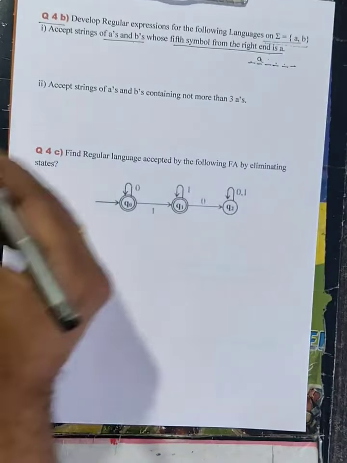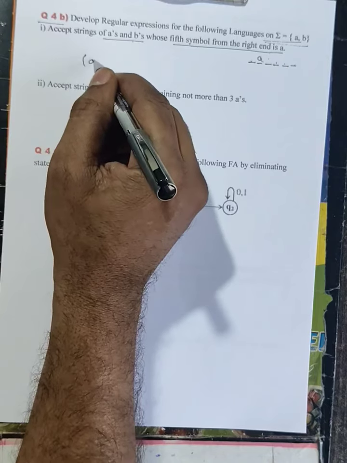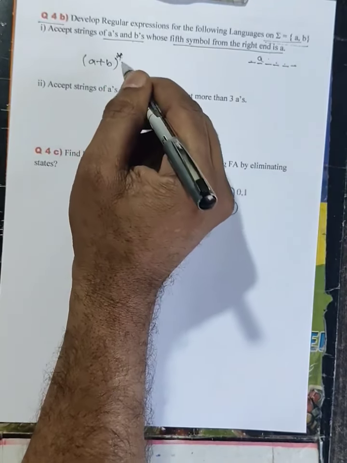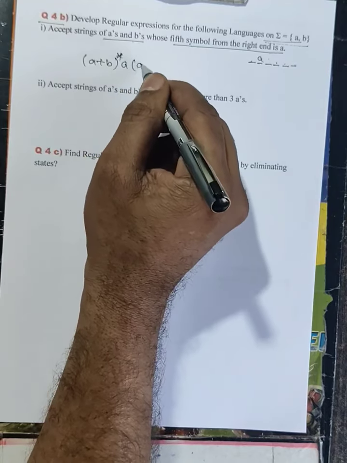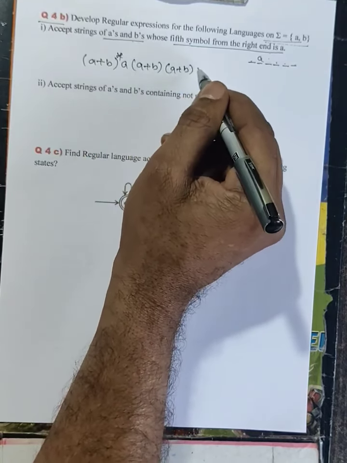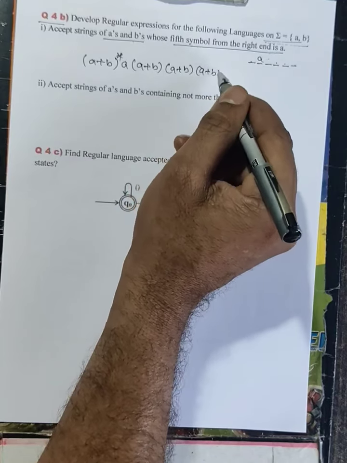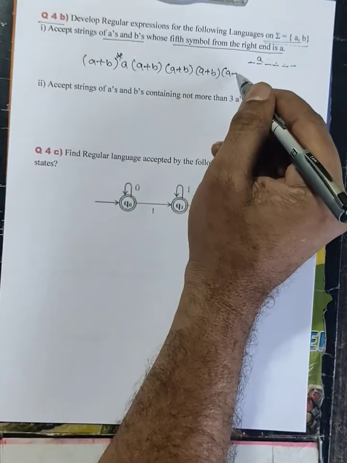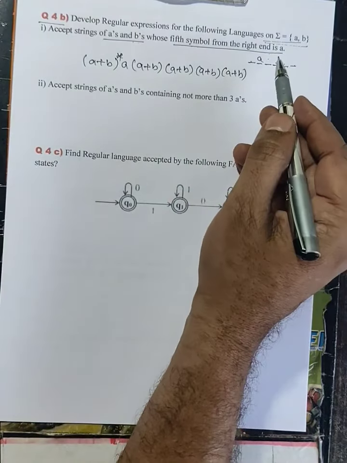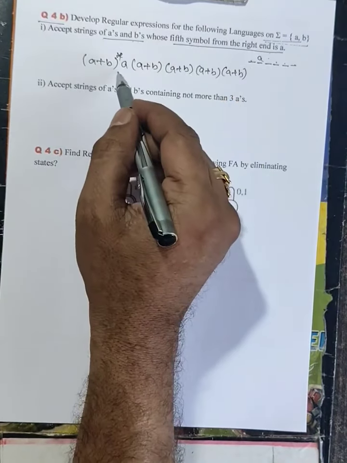And what is the regular expression for this? (a plus b) bracket to the power star, a, (a plus b), (a plus b), (a plus b), (a plus b). This is the expression where the fifth symbol from the right hand is a.